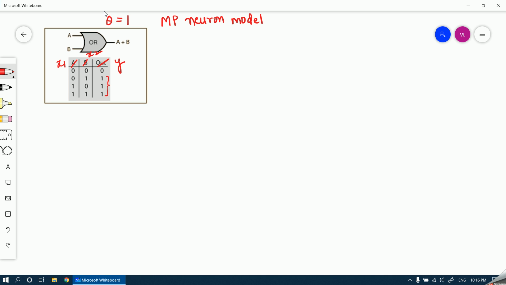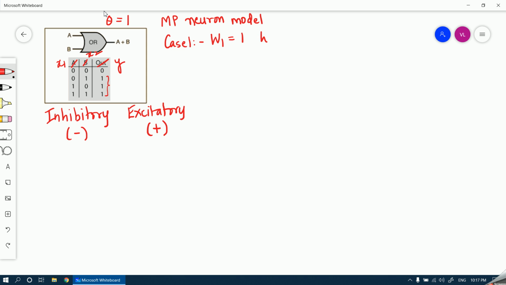Now let us consider the inhibitory and excitatory weights. We consider case 1, where both the weights are excitatory: W1 is 1 and W2 is 1.